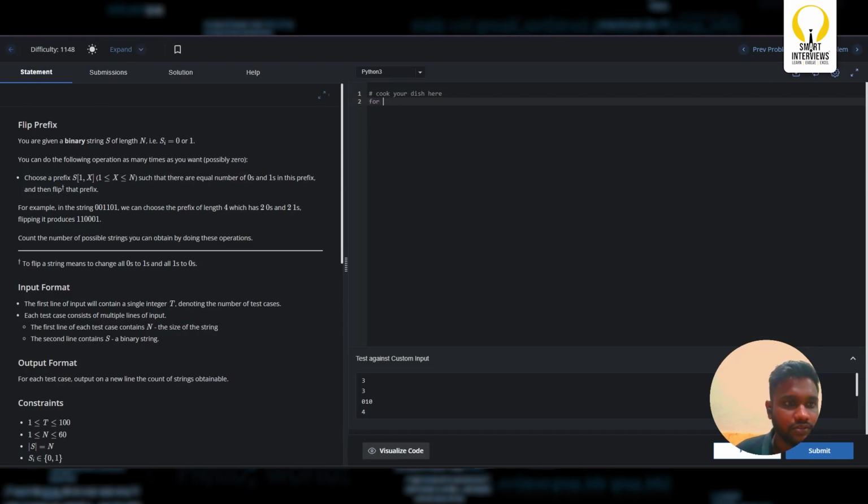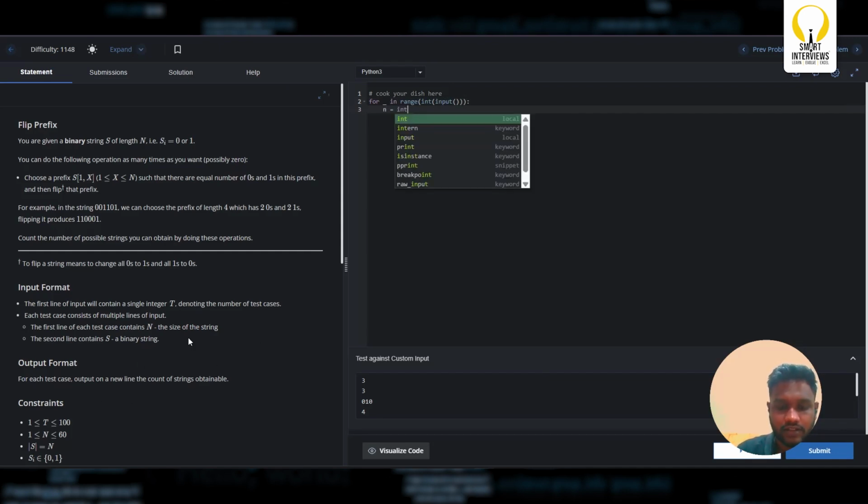So we are given a binary string and we are going to do our coding. We have t test cases, so we'll write this as the input and scan the input.